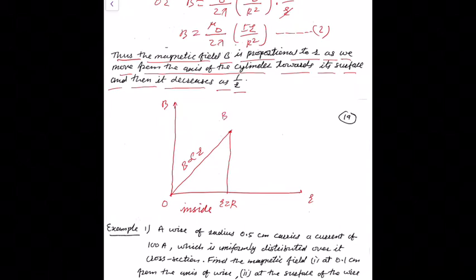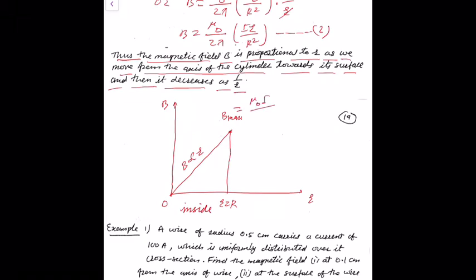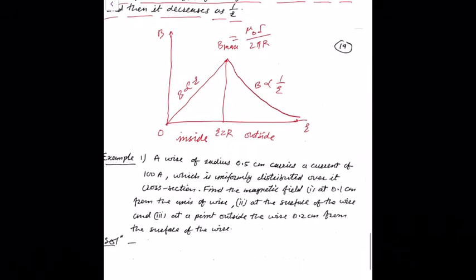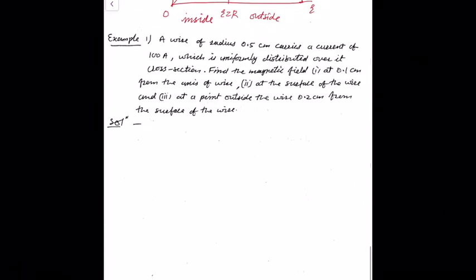At the surface, means small r is equal to capital R, B is maximum, the value of B maximum is mu naught I upon 2 pi R, and outside the wire B is proportional to 1 upon r. Clear?